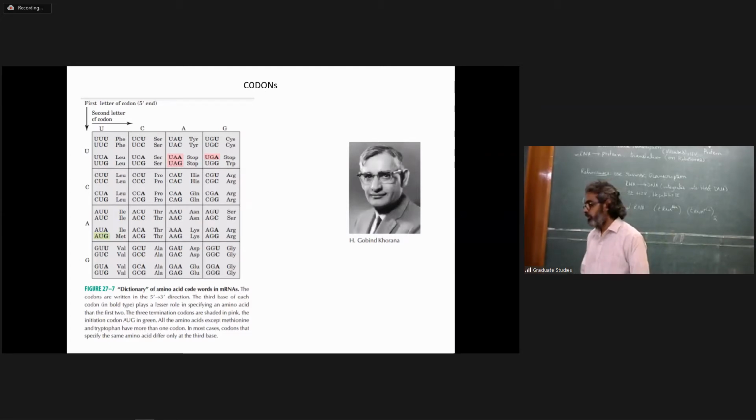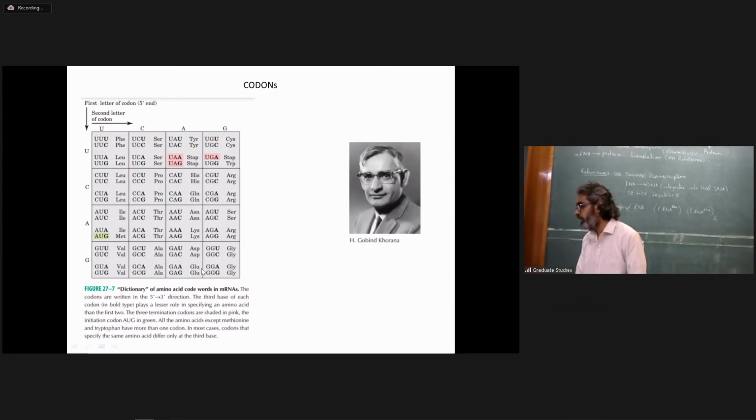Okay, so like that, if you go for alanine, then it is GCU and GCC. There are actually 4 codons which code for alanine. Means that there are 4 tRNAs which recognize these four different codons. Some amino acids have more codons, some have less.